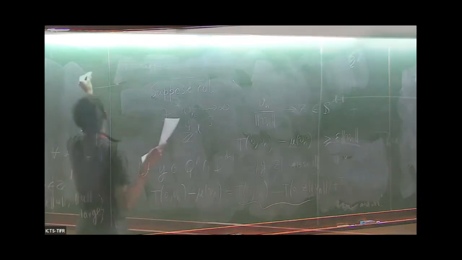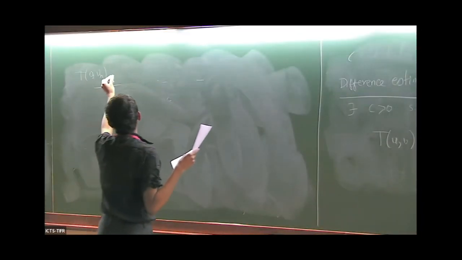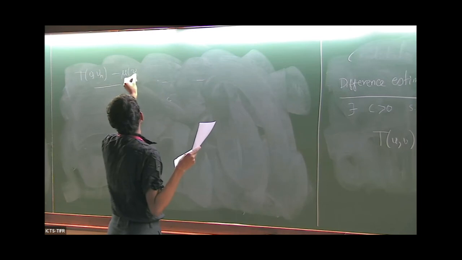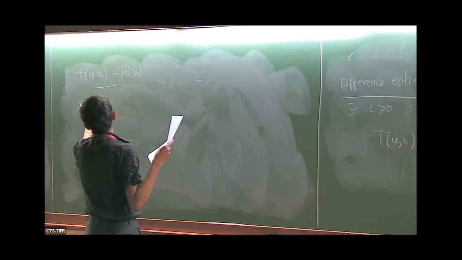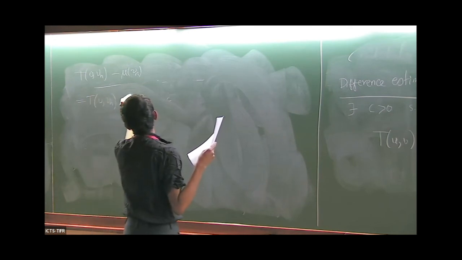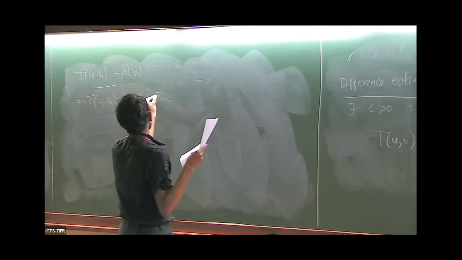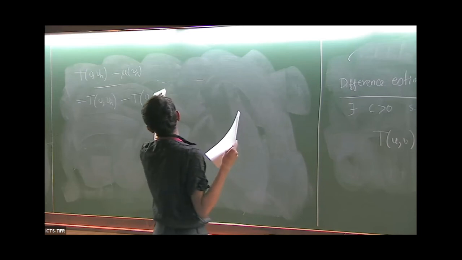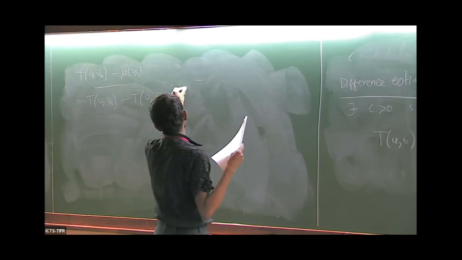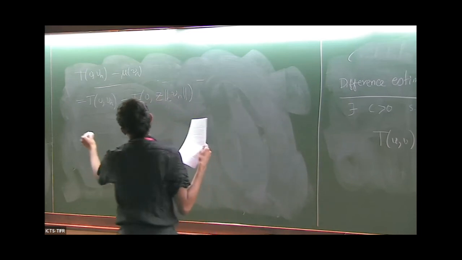As I said, I'm going to approximate Vn successively. First, Vn is approximated by Z times norm of Vn.